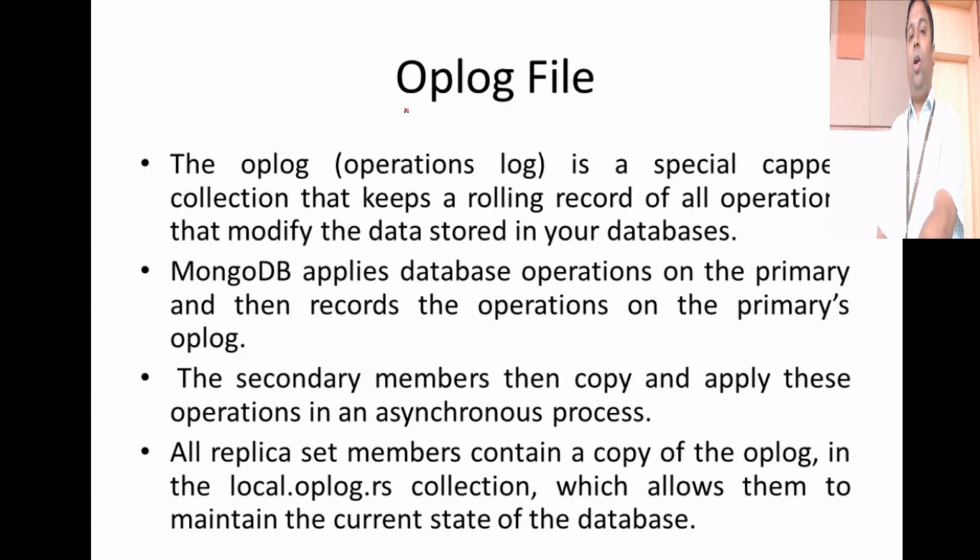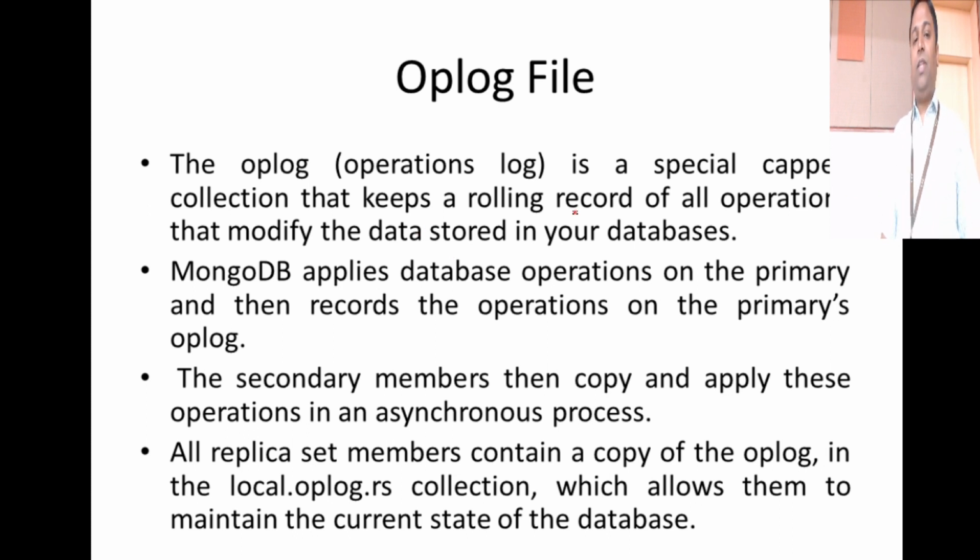What is this oplog or operations log file? It's a special capped collection, which will be overwritten when it runs out of memory. It keeps a rolling record of all operations that modify data stored in your databases.